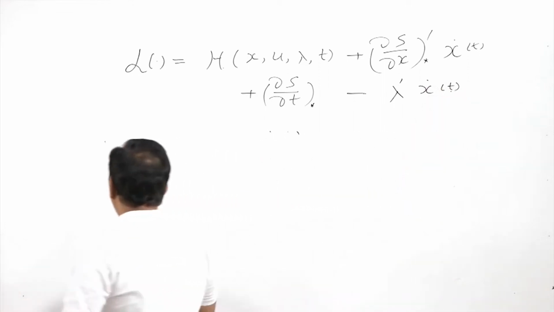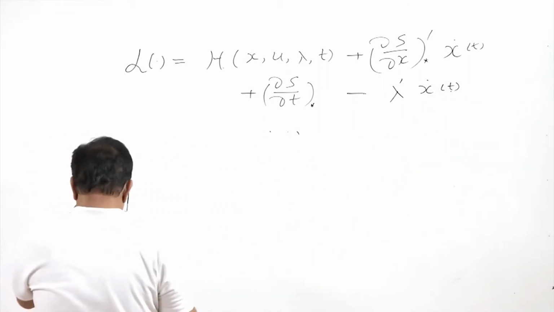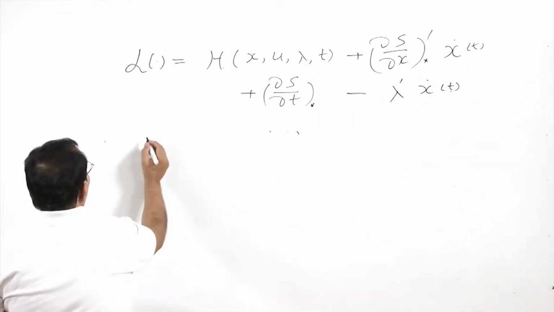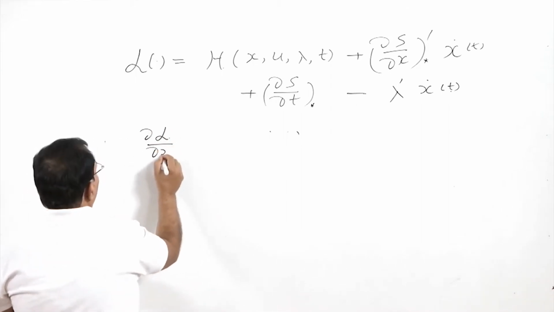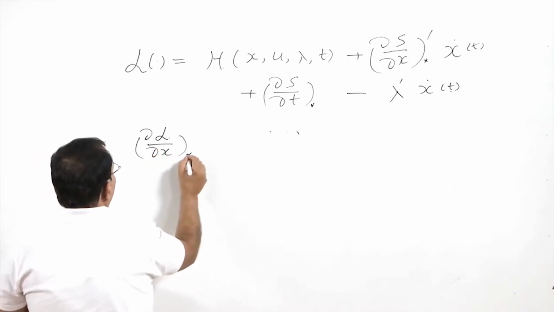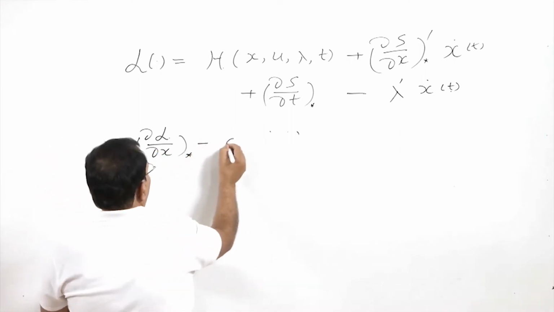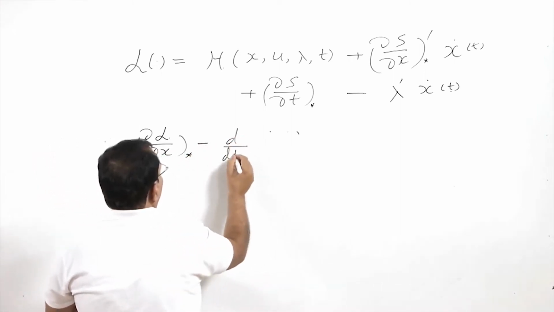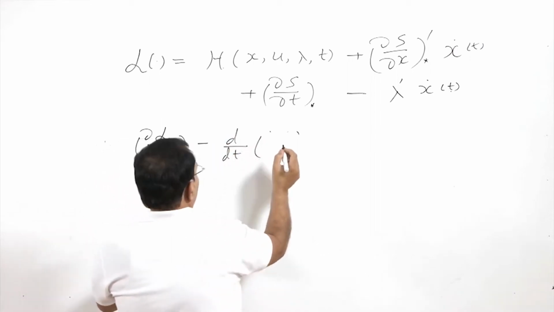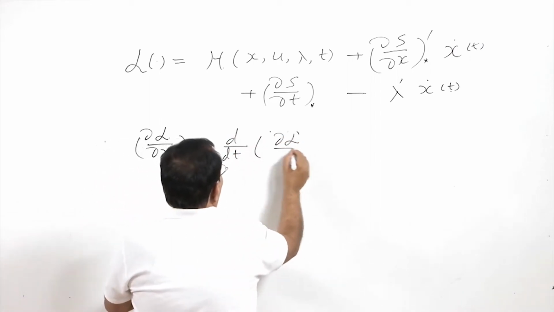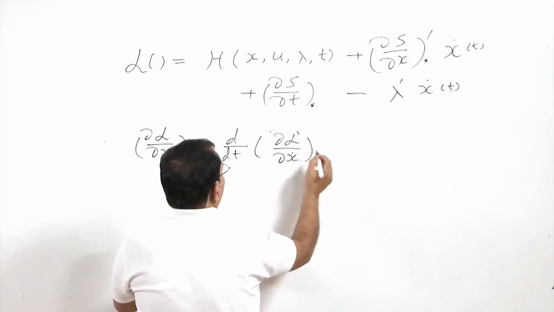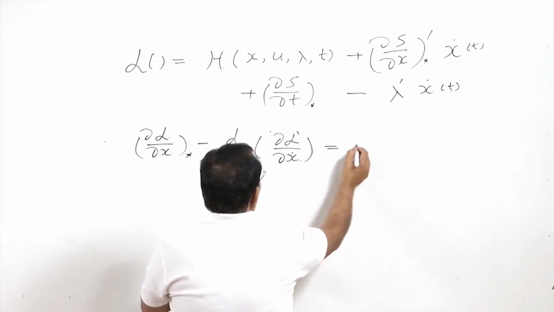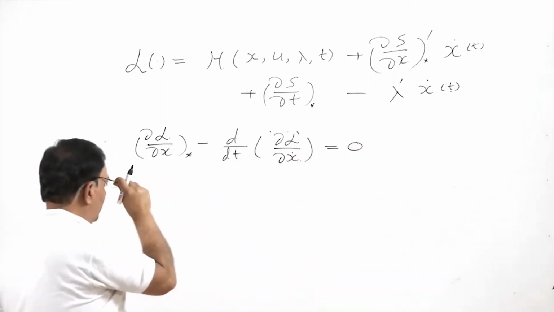So, this was my L, and I have my EL equation as del L by del x minus d by dt of del L by del x dot, that is equal to 0.